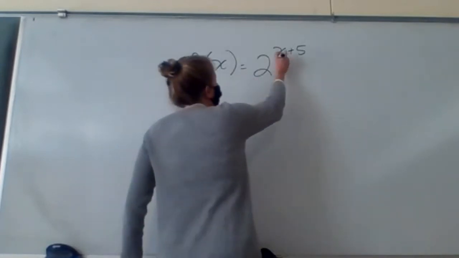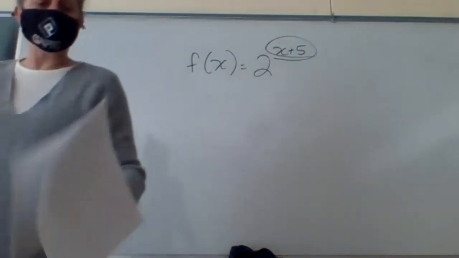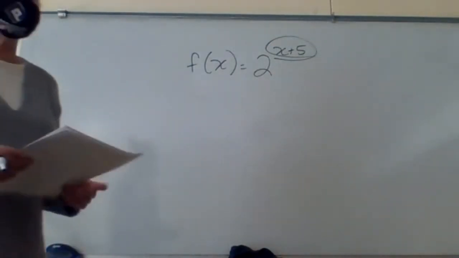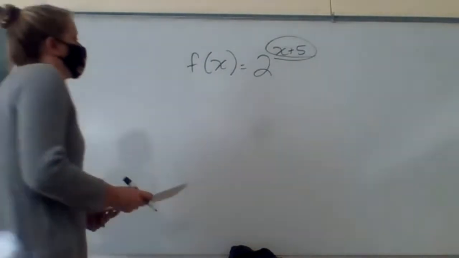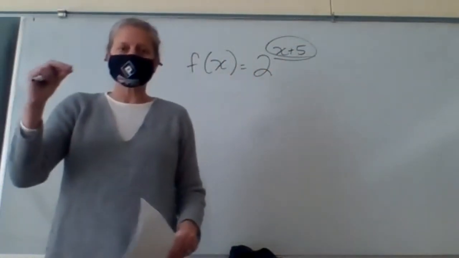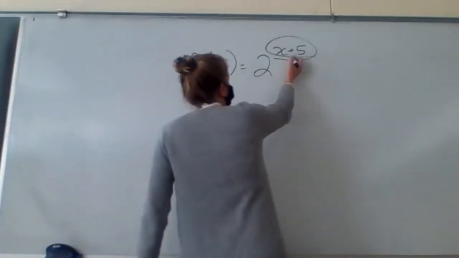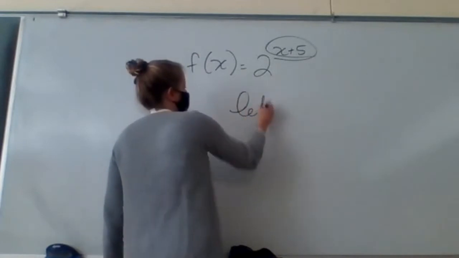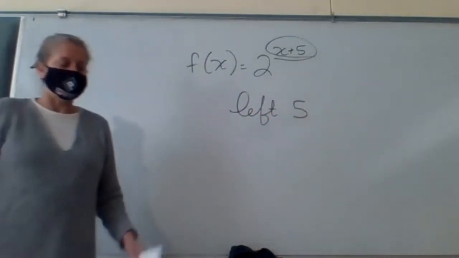So let's see. Now, what is this going to do to that graph? You've got x plus 5 inside your exponent. And remember, inside numbers move your graph horizontally, left and right. But you're going to go opposite of this sign. So this plus 5 actually means you're going to go to the left 5.